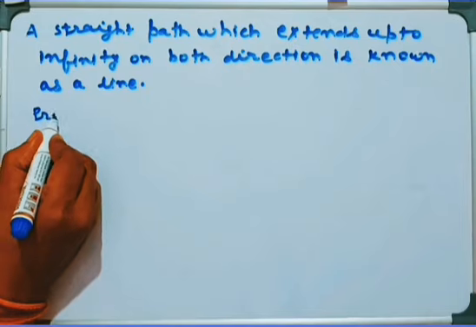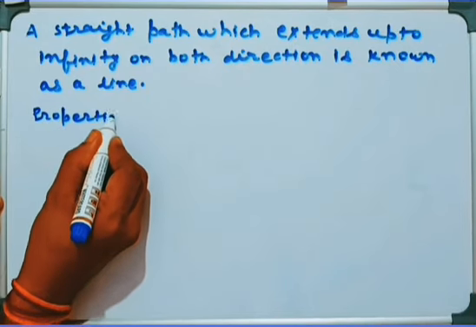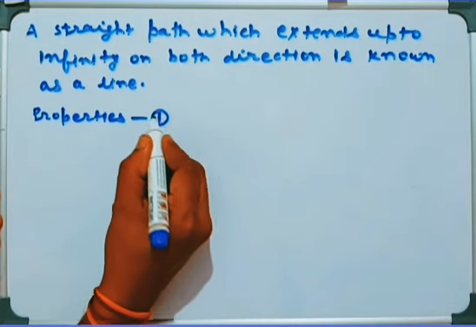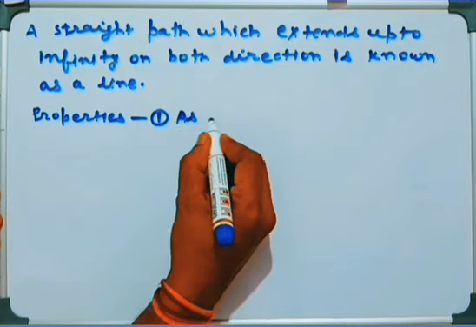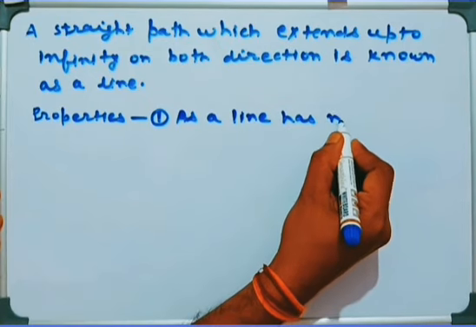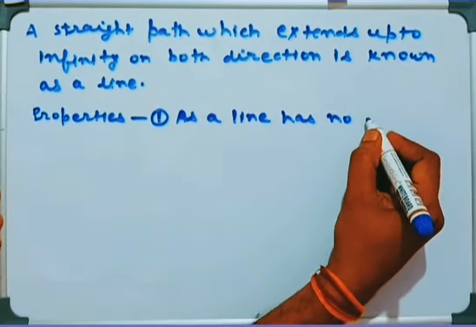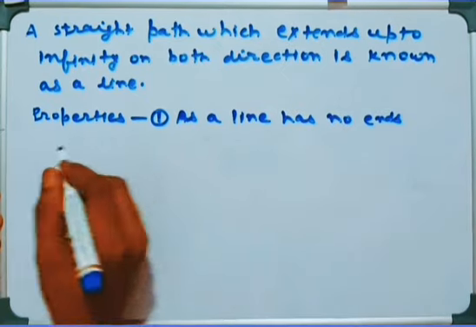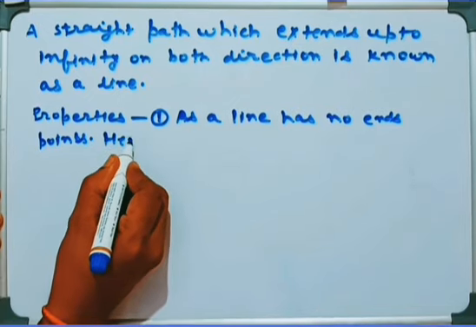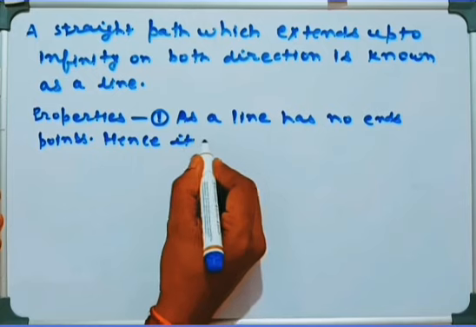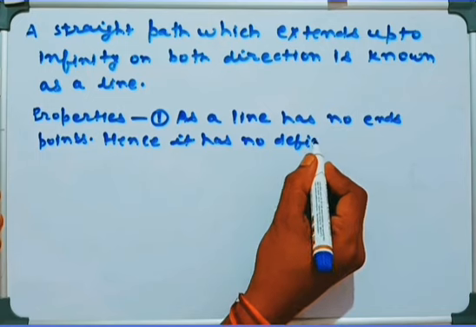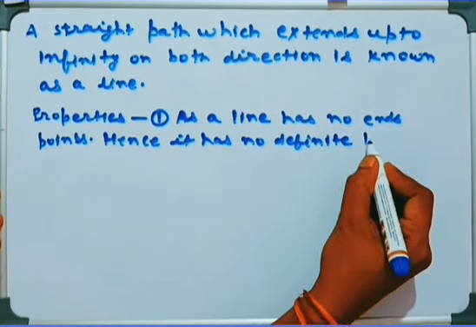Properties. First property, as a line has no end points, hence it has no definite length.